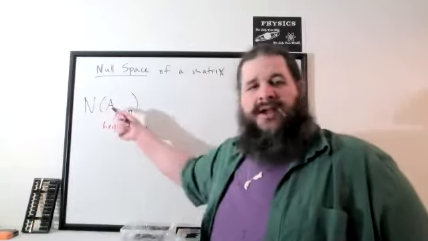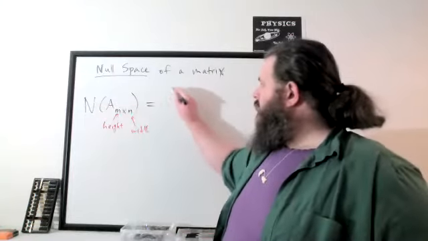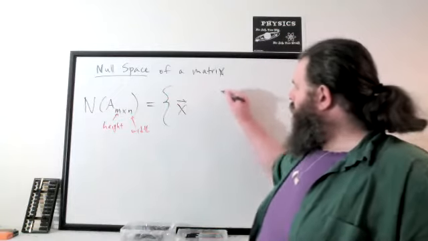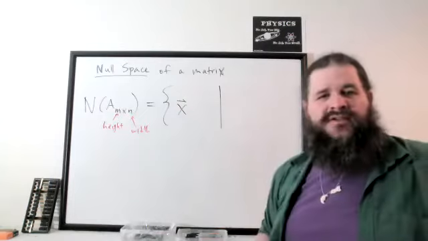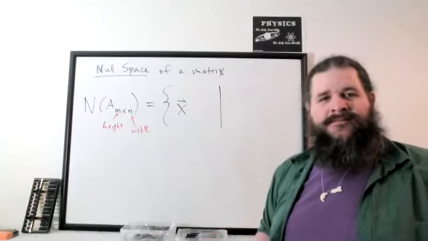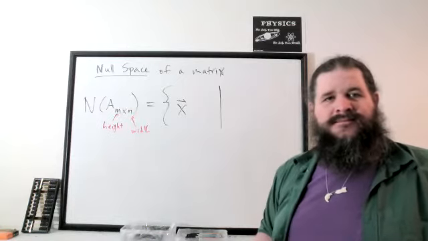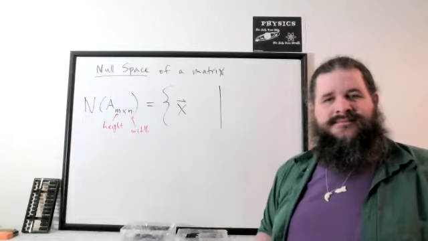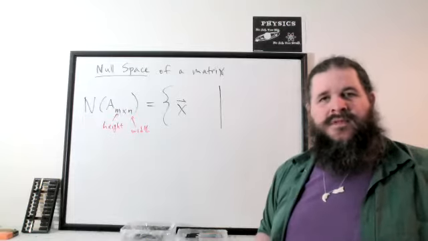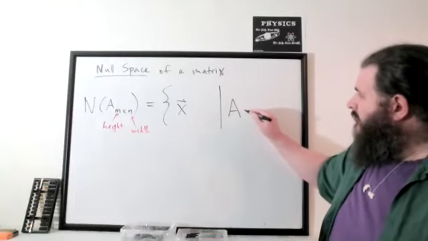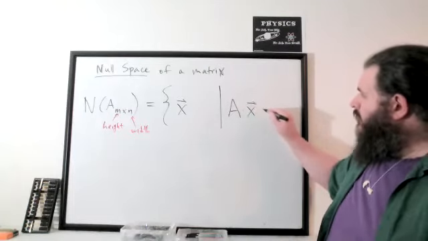The null space of a matrix is the set of all vectors X such that, if you multiply matrix A times that vector, the result is 0.